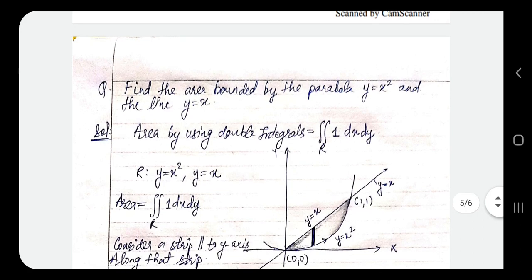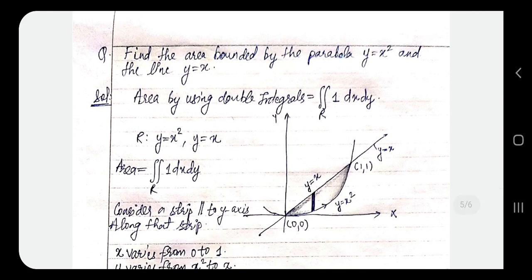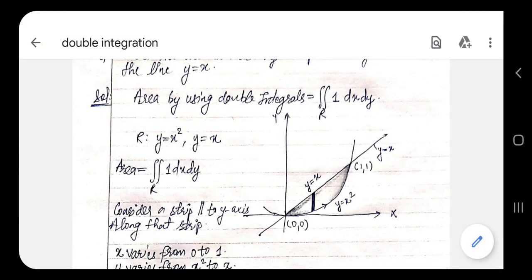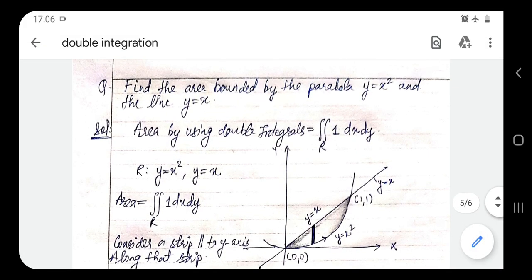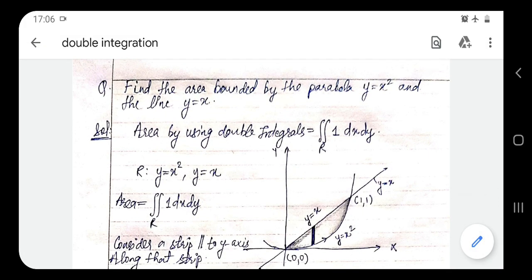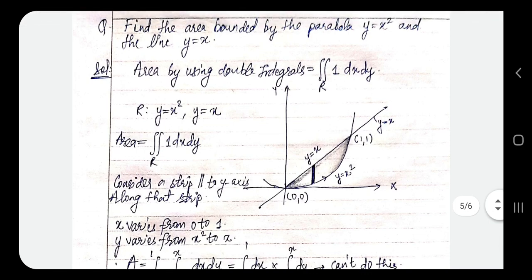So here we have one more example. That's the application of double integration, finding the area between two curves. Find the area bounded by the parabola x square equals y and the line y is equal to x square. So that's the application of double integration.